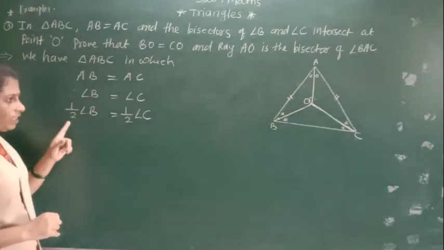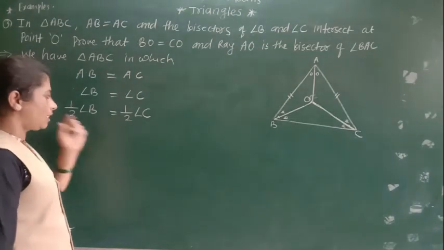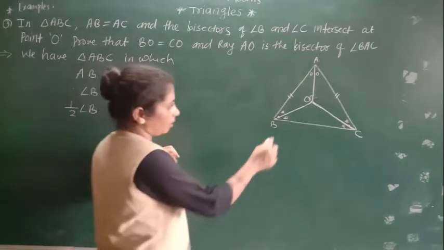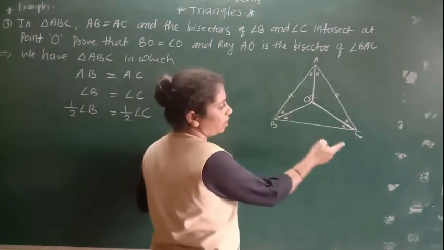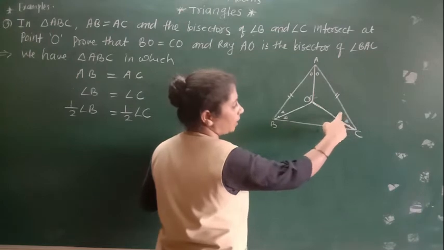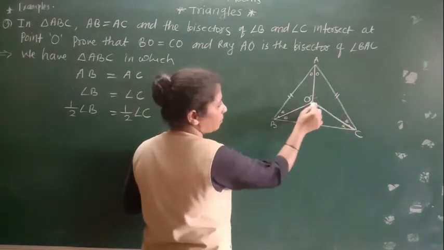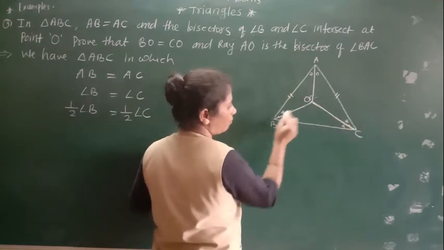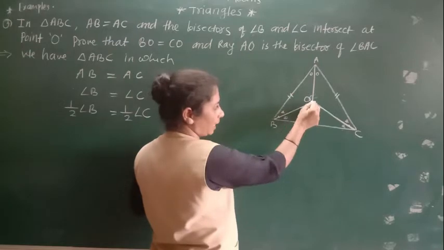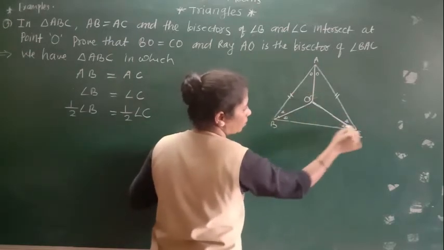Okay. Now what is the half of angle B? Half of angle B equals half of angle C. Now half of angle B, this angle B having the half, this angle also and this angle also, and half of angle C, this angle will be there also, this angle will be there also. So we will take this angle first, angle OBC and angle OCB, meaning half of angle B we will take OBC and half of angle C we will take OCB.